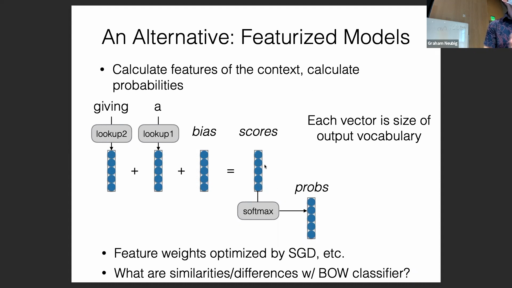If you remember from 2 classes ago, we had the idea of feature extraction and then calculating these scores. So we can think of a neural network as a way to extract features that are then used to calculate the scores over the next vocabulary items.